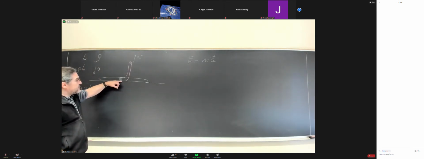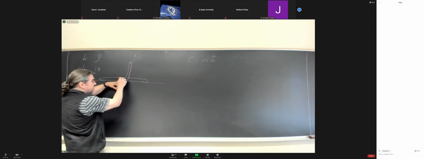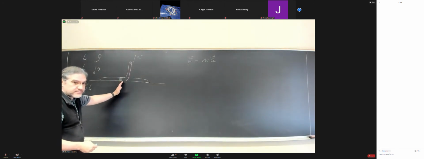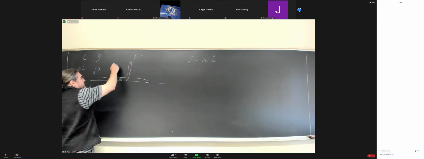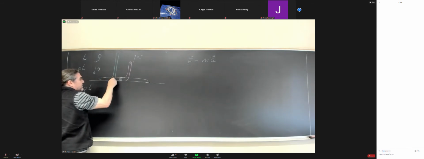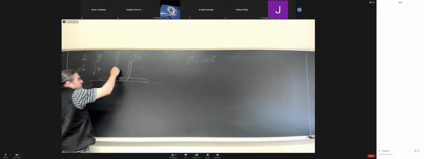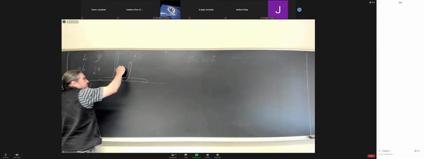Right? So at some time, when the head is here, that piece of snake is staying put. It's not moving. But after some time, the snake will be here, and that little piece will be here, and it will have velocity v.